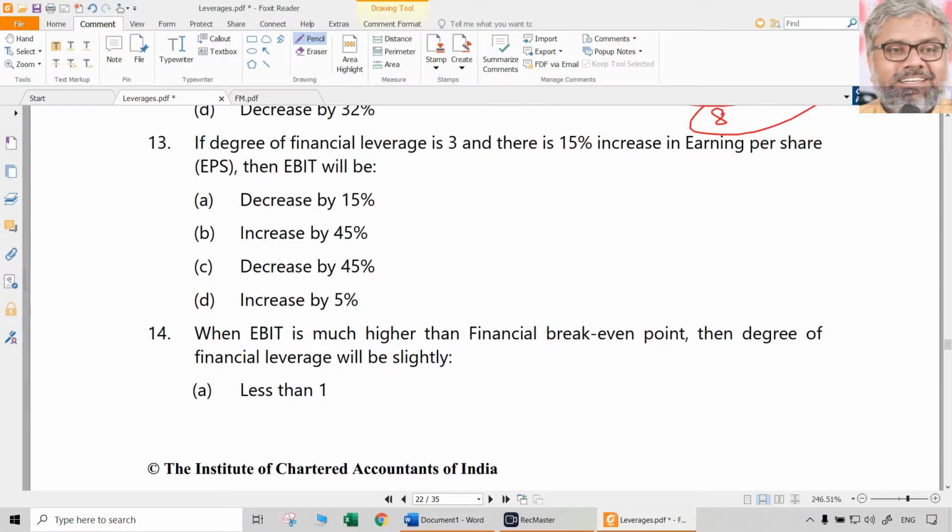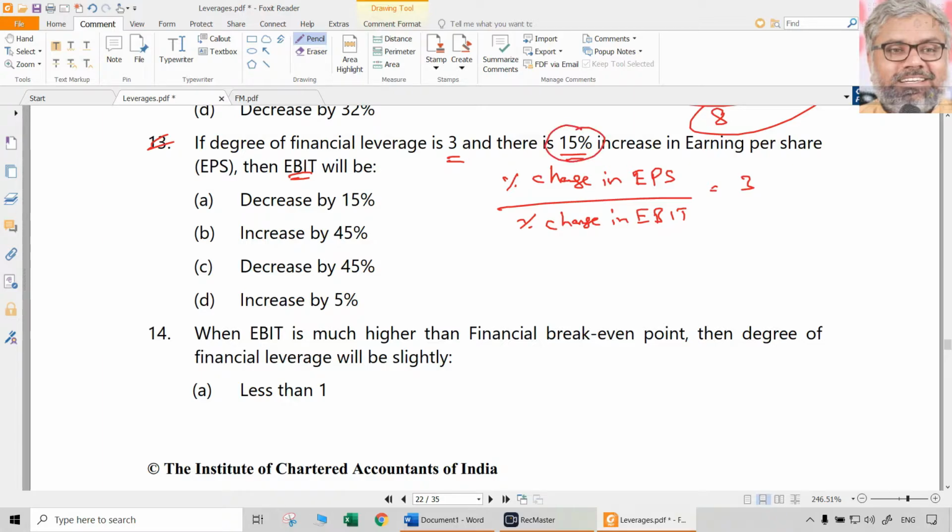Then if the degree of financial leverage is 3 and a 15% increase is there in earnings per share, what will EBIT be? Same thing. What is the formula first? Percentage change in EPS divided by percentage change in EBIT is equal to the degree of financial leverage, which is 3, which is given here.